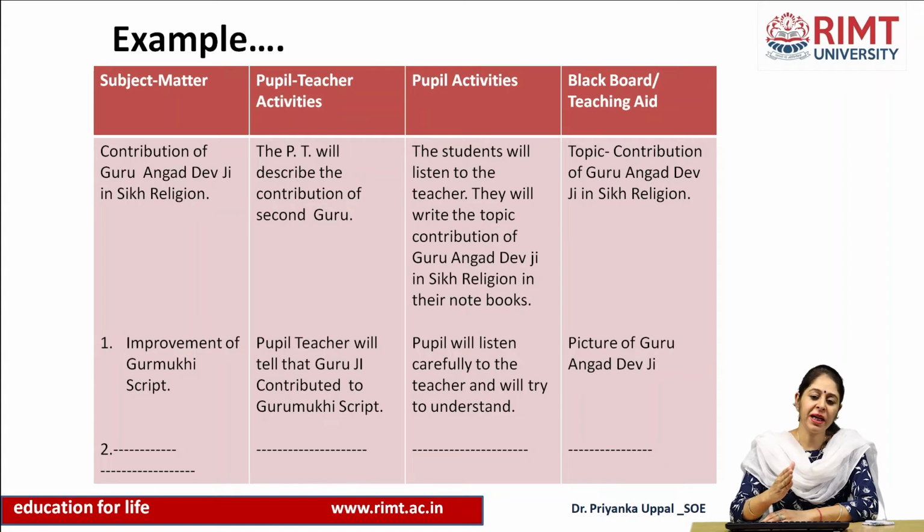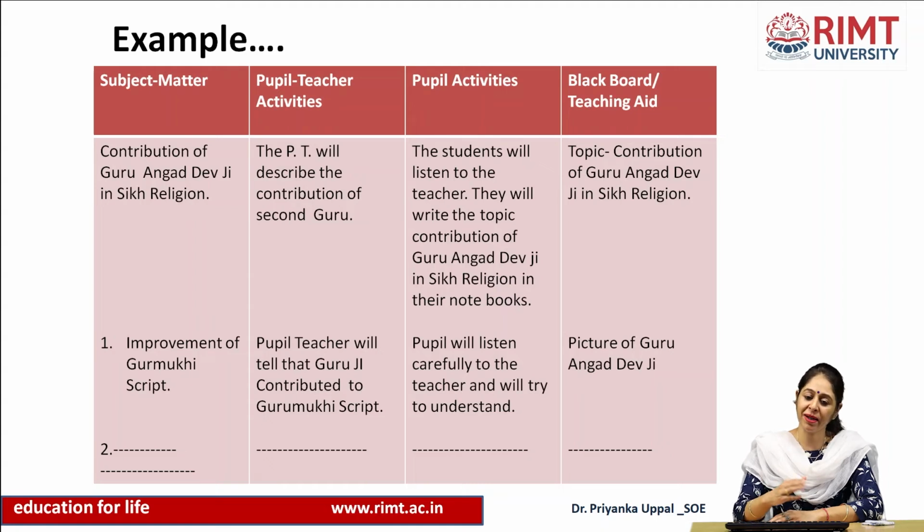After completing the whole topic, like in the second step we can use improvement of Gurmukhi script. In the second column, pupil teacher activity, the pupil teacher will tell Guruji's contribution to Gurmukhi script. Pupil activity will be that pupils will listen carefully to the teacher and try to understand.